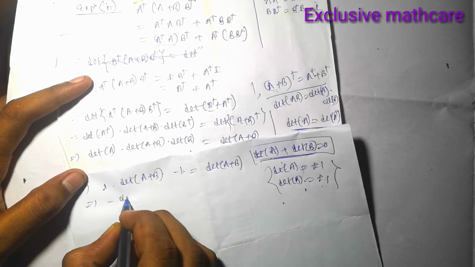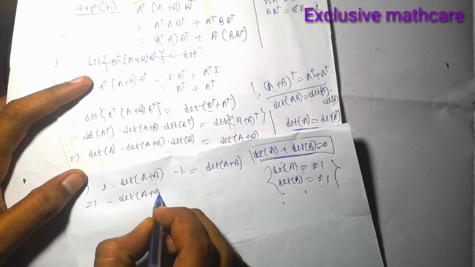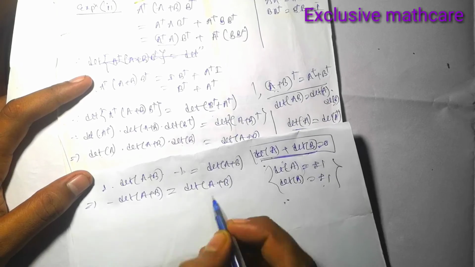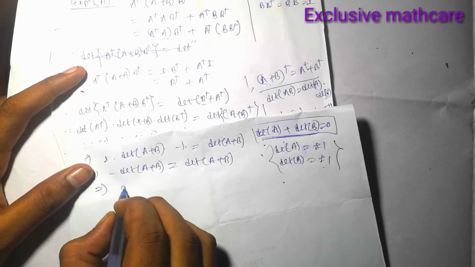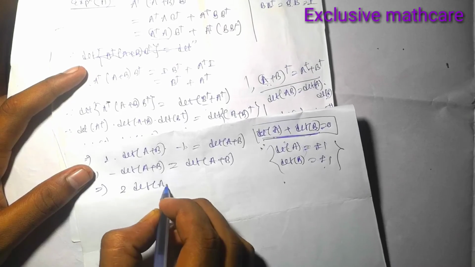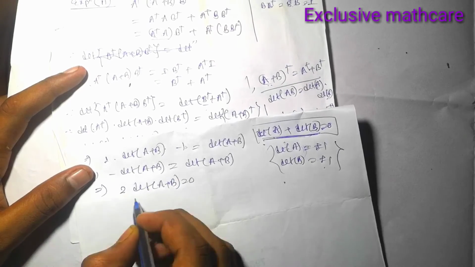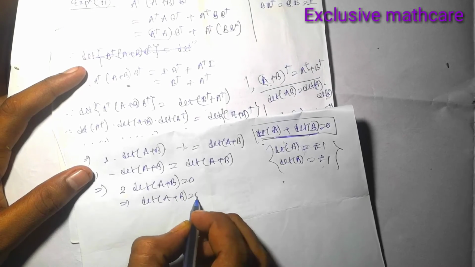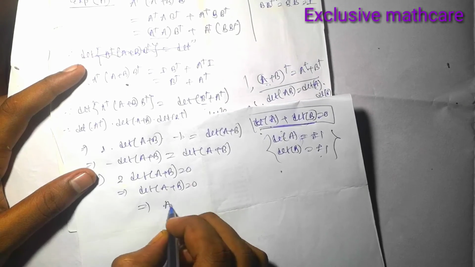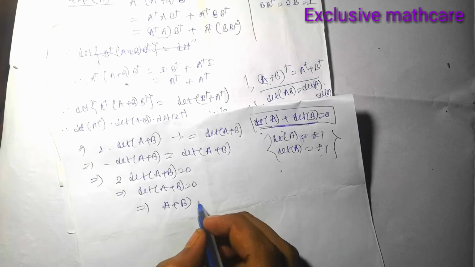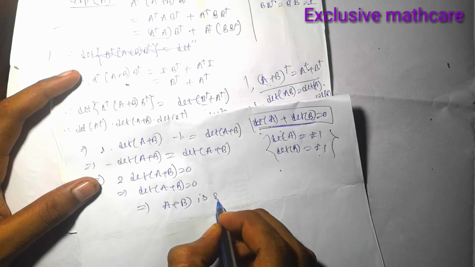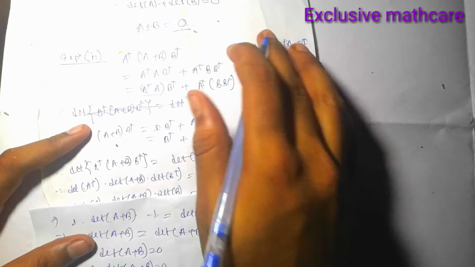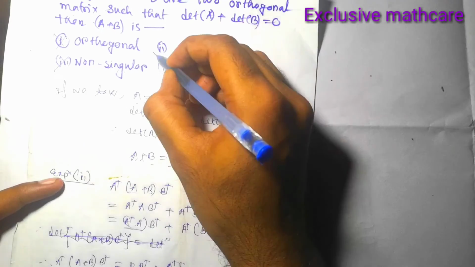So from here, minus det of A plus B into det of A plus B. So from here 2 into det of A plus B equals 0. So det of A plus B equals 0. This implies A plus B is singular. So this option is correct.